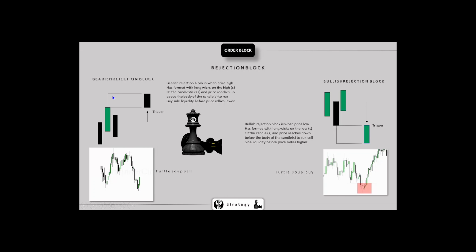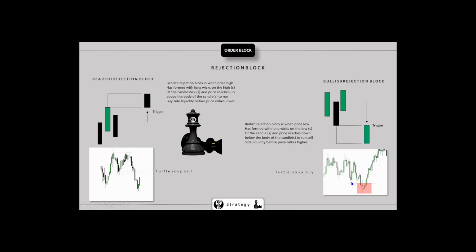And a bullish rejection block is when price has formed with long wicks on the lower part of the candles, and price reaches down below the body of the candles to take sell side liquidity before price rallies higher. An example is here.